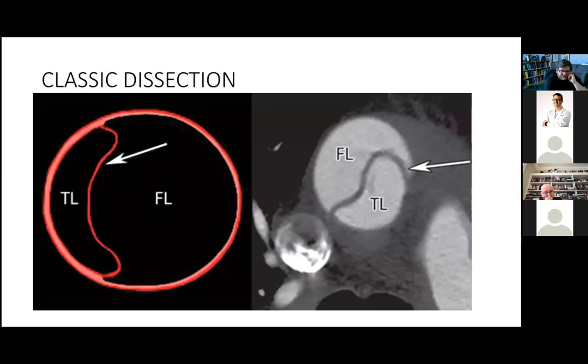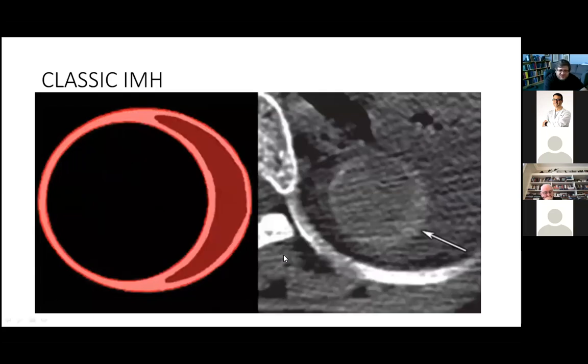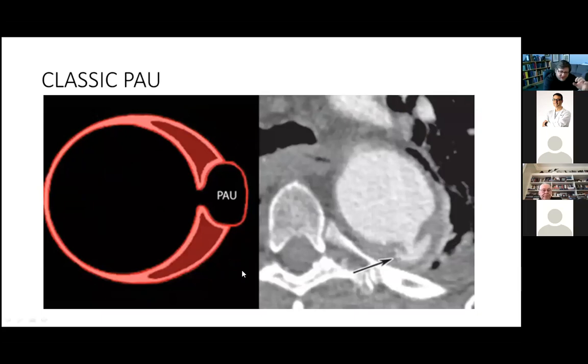Here is a pictorial depiction of the distinction, with a schematic on the left and the radiology on the right, of true intimal flap and classic dissection with true lumen, false lumen separation, versus IMH, where you have only this crescentic hyperattenuation with no actual flap, and the entity of a penetrating atherosclerotic ulcer, where you see a ruptured ulcer causing the intramural hematoma.